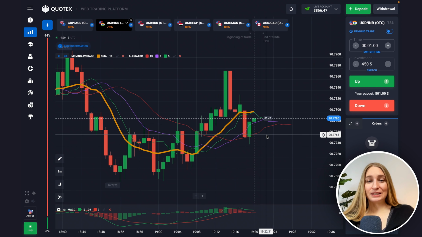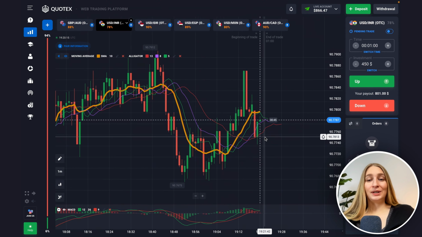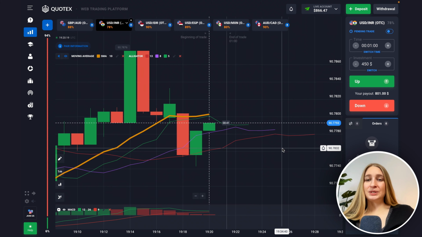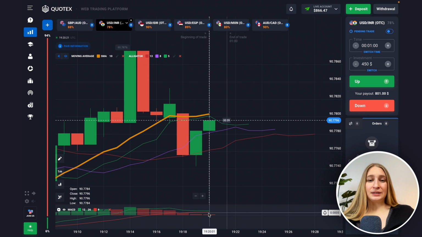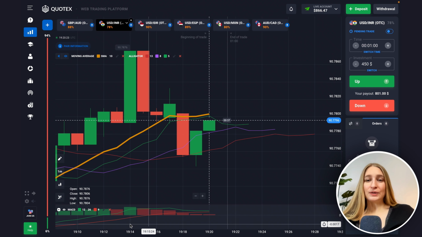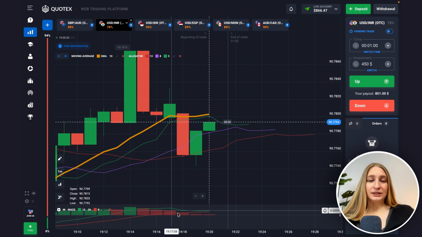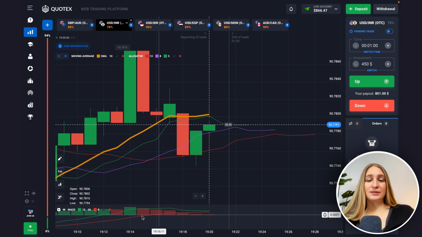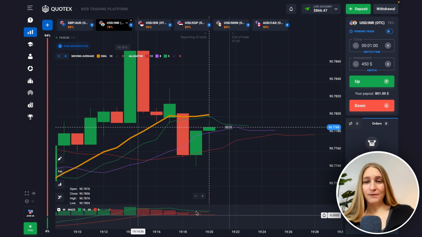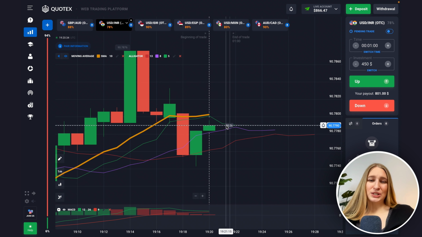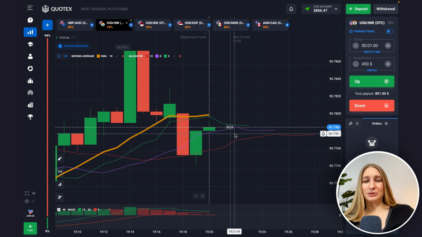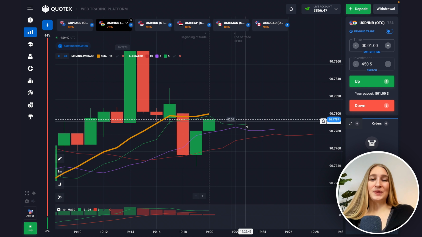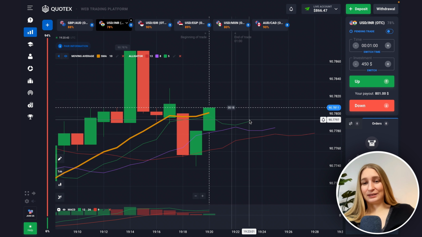Okay, let's see. Let's zoom out a little bit also. You see there will be an intersection, I think, because you see these 6 round candlesticks on the MACD graphic, a pretty messy situation with the lines of alligator, but you see that the green line is above the purple and the red lines.